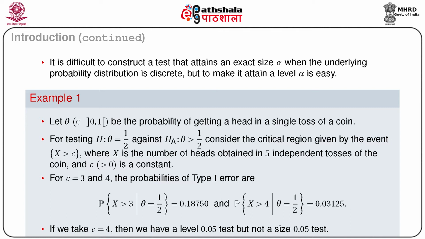Therefore, if we take C equals 4, then the test is a level 0.05 test, but it is not a size 0.05 test. To attain the exact size, we use the randomization technique.